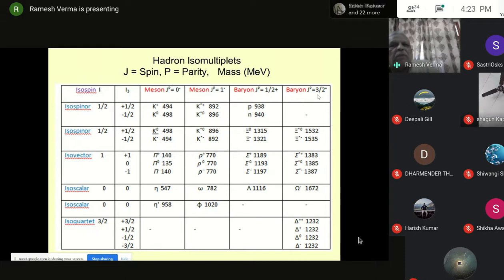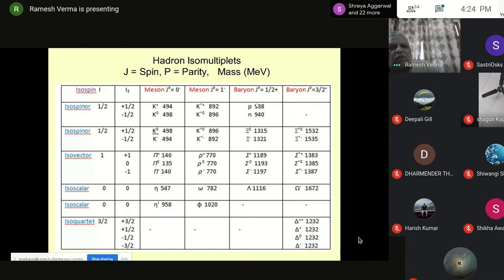Then as far as spin 3/2 plus particles are concerned, we have an isodoublet, Xi star 0, Xi star minus. You can call them the heavy brothers of these. In the same way, we have sigma star plus and sigma star 0 with masses close to each other.